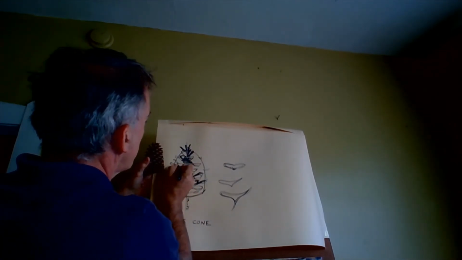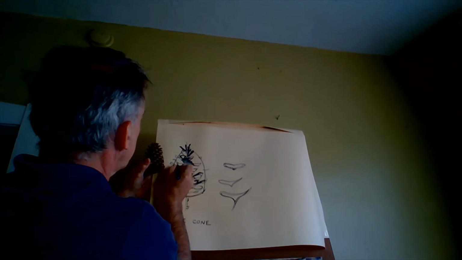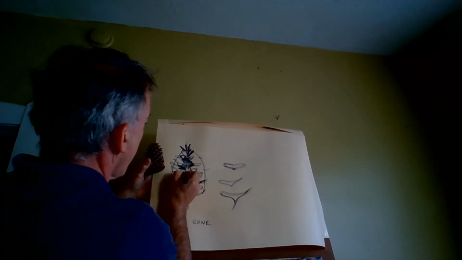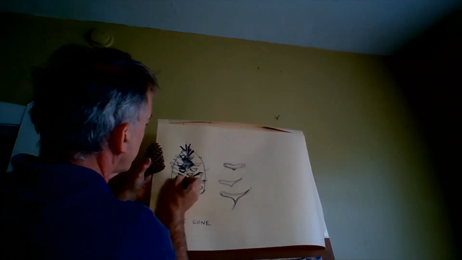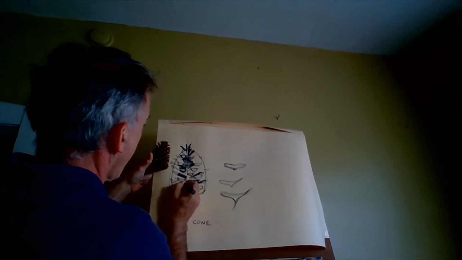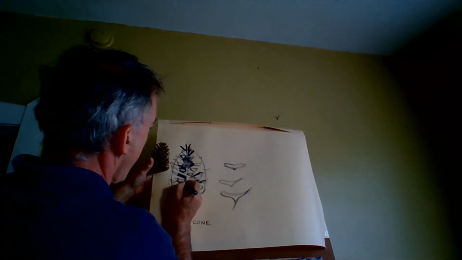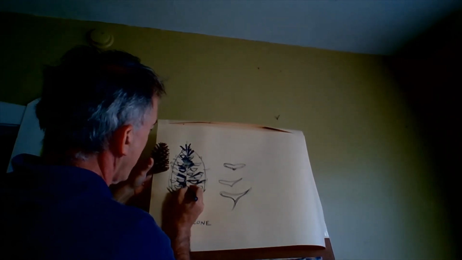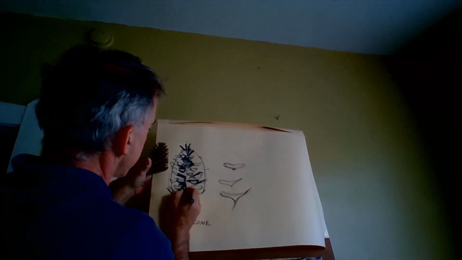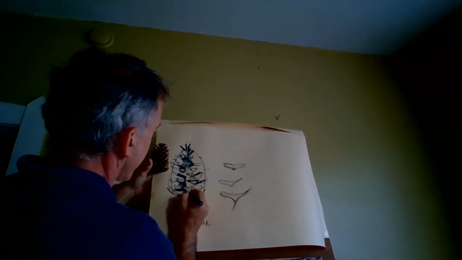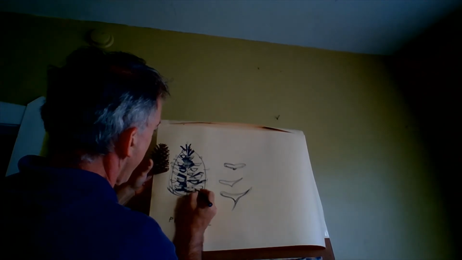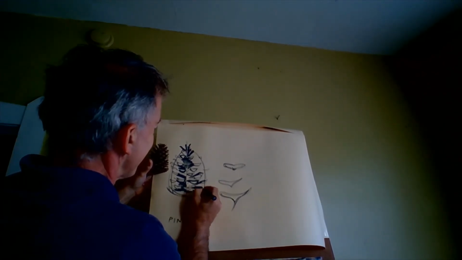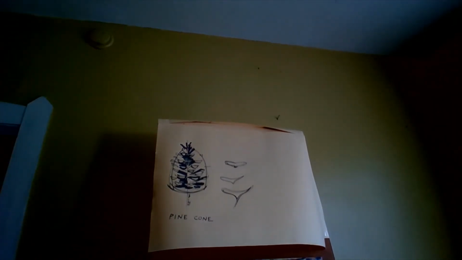And I'm going to actually work on this a little bit here. I'll use my marker to kind of fill it in a little bit more. It helps to see it a little bit.